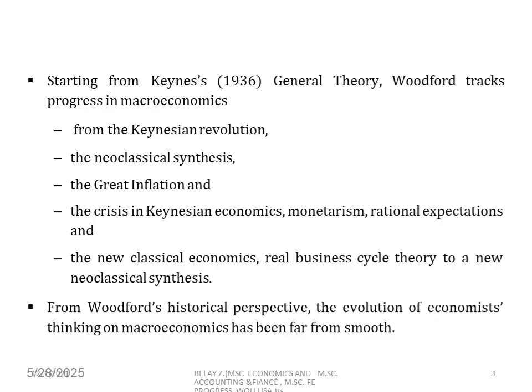The second one is the neoclassical synthesis, or neoclassical combination. What was combined into this one? What is the neoclassical synthesis? It is an economic theory that combines two important ideas.